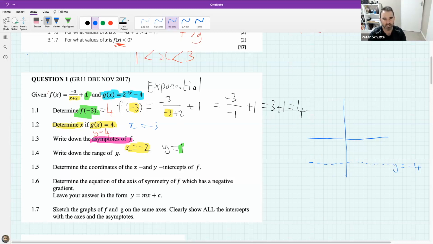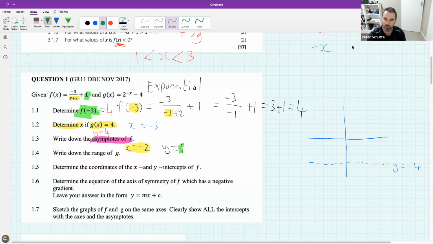The reason I ask that is there's a -x here. Normally an exponential graph would look like that, and then it will be shifted down and look like that, let's say. But the problem is that it's 2 to the -x. If you think of the last lesson, what does it do when you change the sign in front of the x?